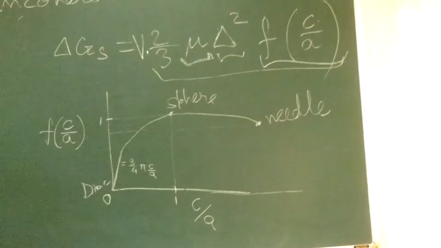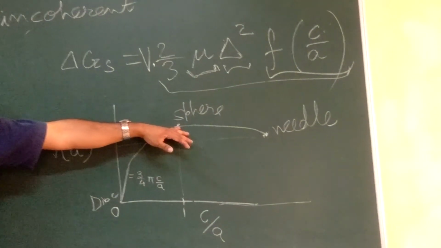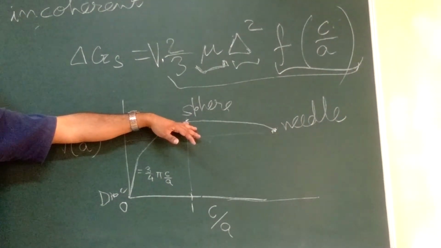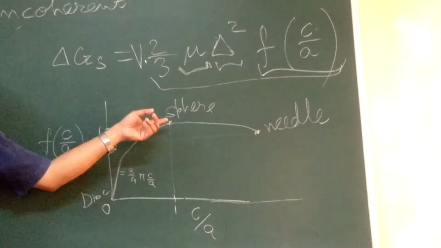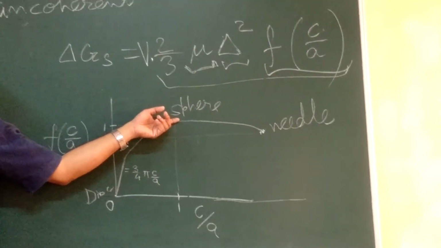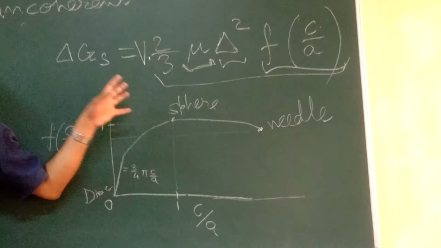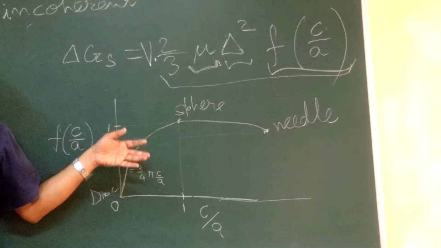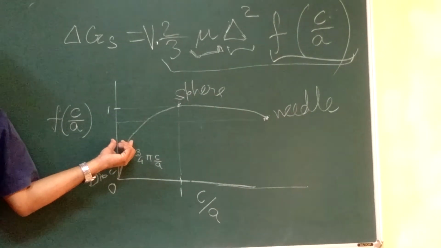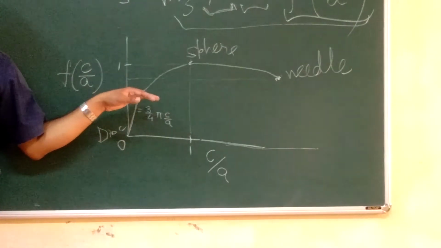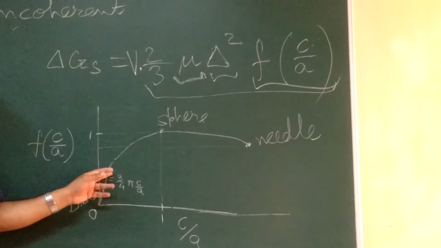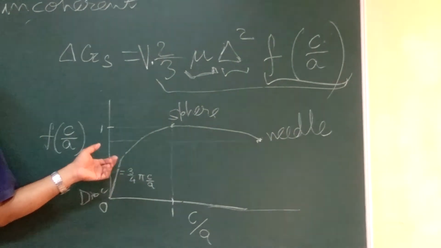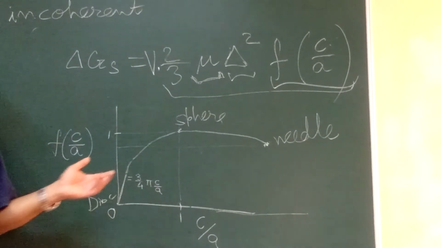So strain energy is maximum for sphere, but interfacial energy is lowest for sphere. So the balance between those two will give you an oblate spheroid with C by A ratio somewhere in between.